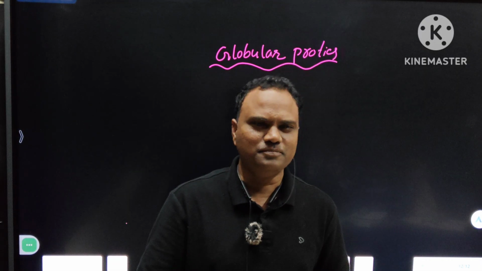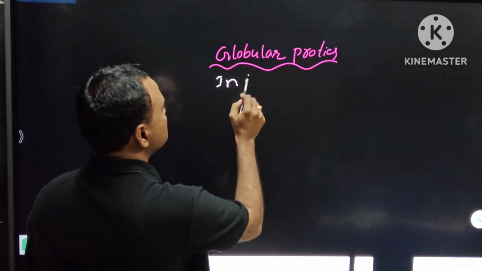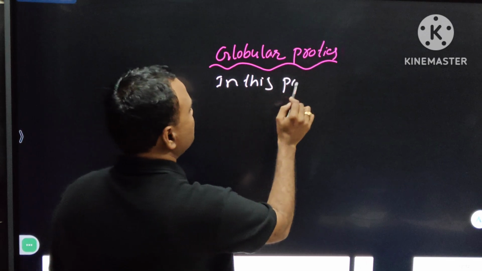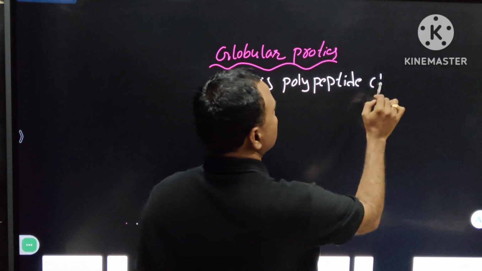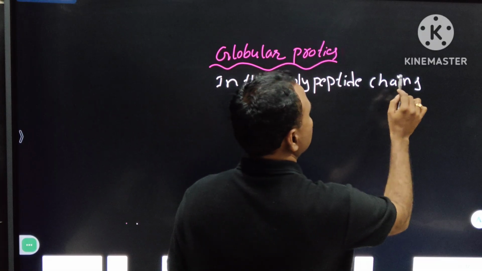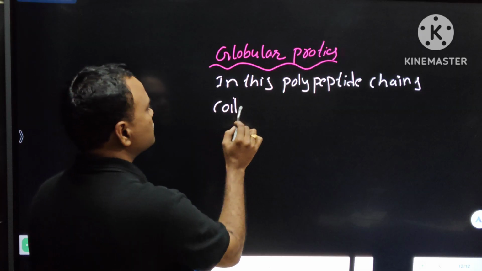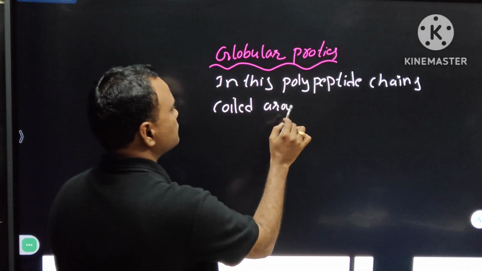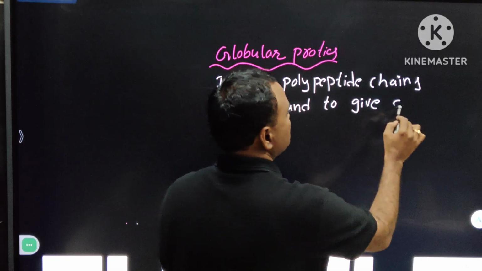In globular proteins, polypeptide chains coil around to give a spherical shape, spheroid shape. Okay.